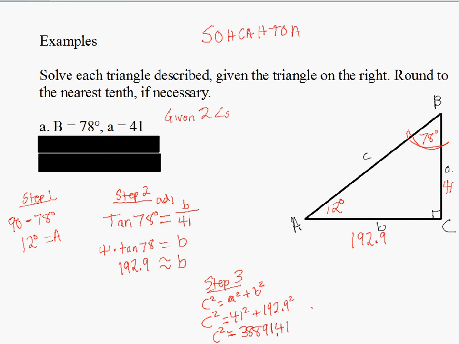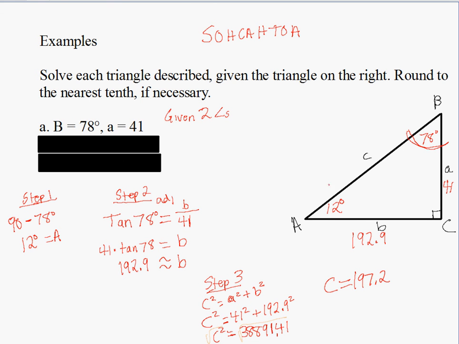And how do you get rid of this square? You got to square root both sides. So C, and let's go ahead and put that in blue, so that way you guys don't forget that's what we're doing with square rooting. C is equal to 197.2.